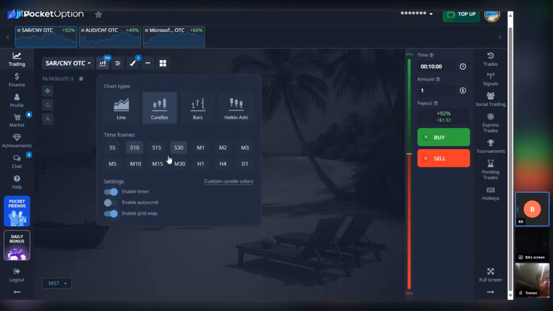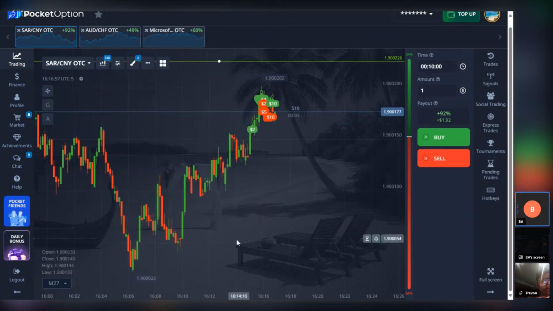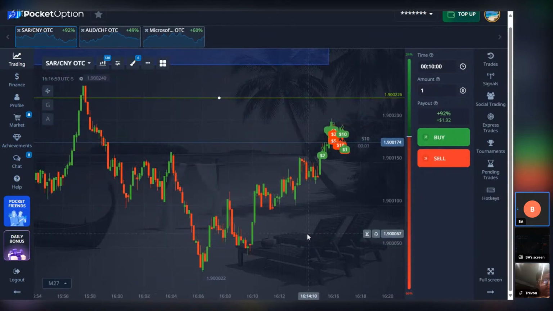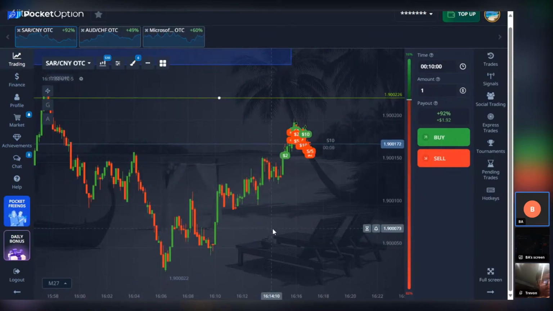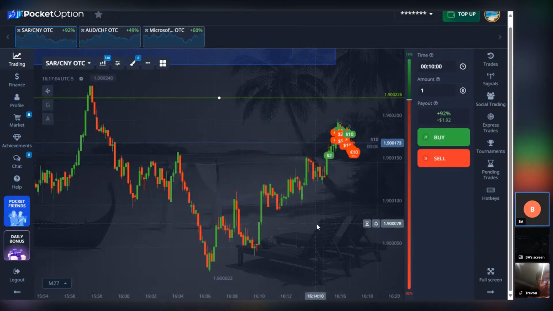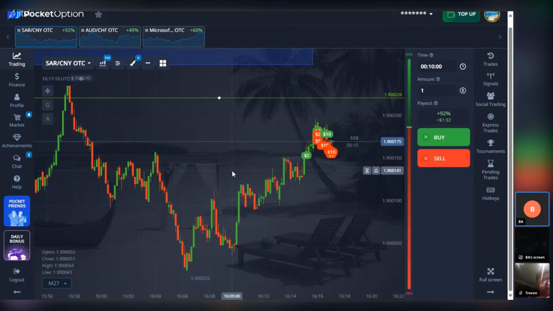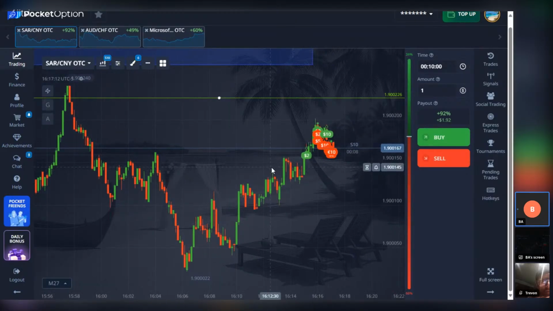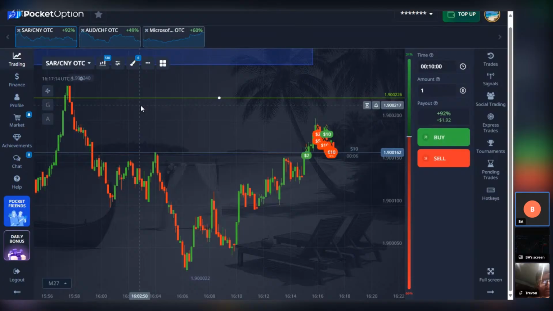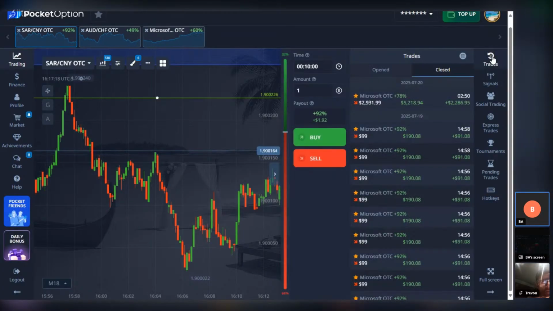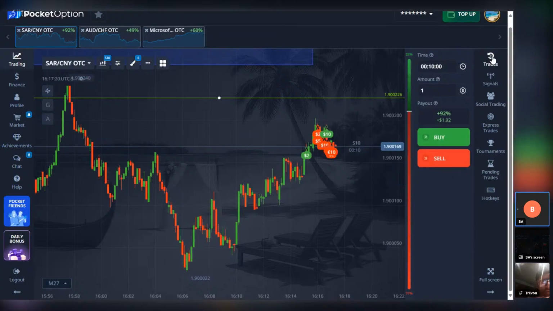They better hope they got the right expiration time. Look at how they're just spamming that button. They're just donating their money to the broker, and the broker's just paying out. They're just paying us out.